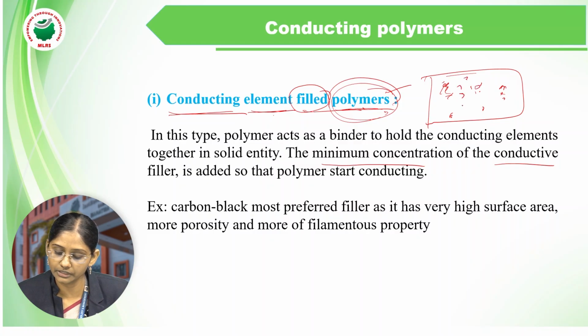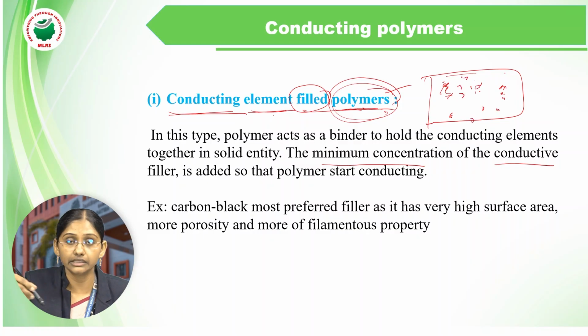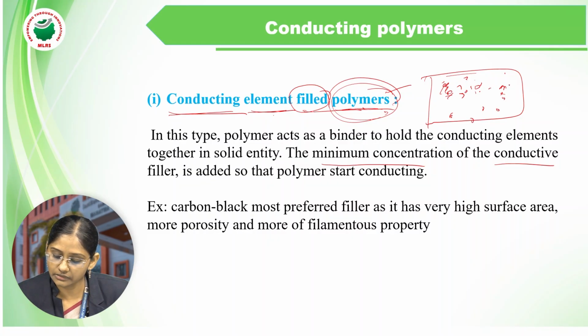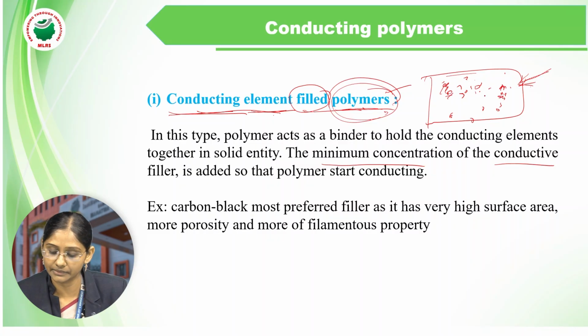So to this polymeric chain, here and there in the polymeric chain, we are filling the conducting element. So when we supply the external source, that is the electricity, then what happens? The elements we have filled, like metallic fibers, those metallic fibers or fillers pass the electrons and conduct the electricity.